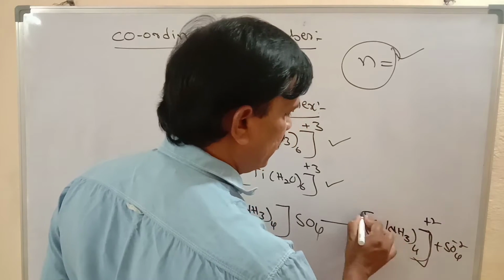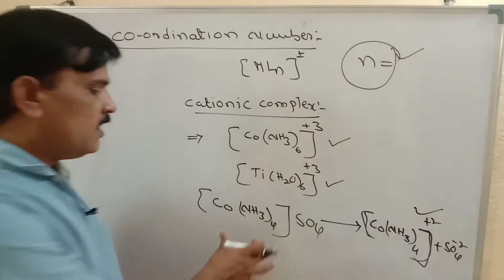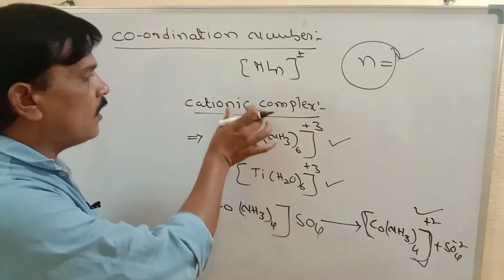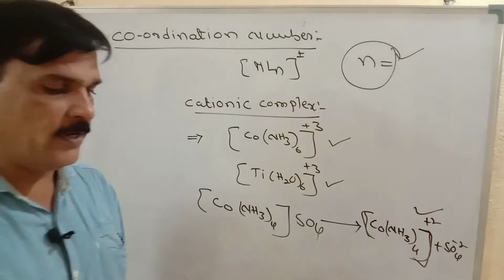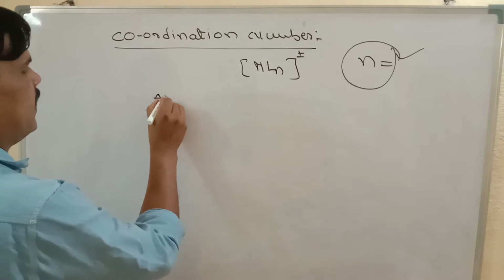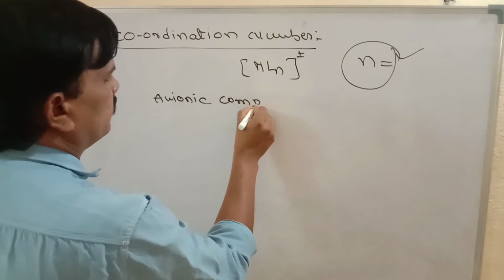This complex entity acquires a positive charge, so this type of complex compound is a cationic complex compound. Now anionic complex compounds.